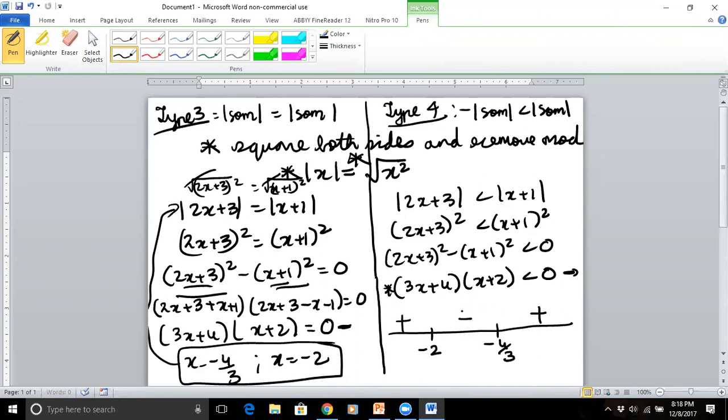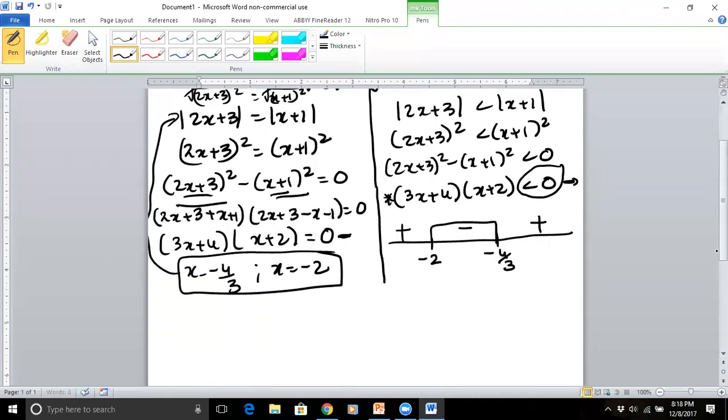So plus, minus, plus. And if I look at the right-hand side of the inequality, it's less than 0. So my solution has to lie in this negative portion on the number line. So the solution to this modulus, or mod of 2x plus 3 is less than mod of x plus 1, is going to be x lies between minus 2 and minus 4 by 3.